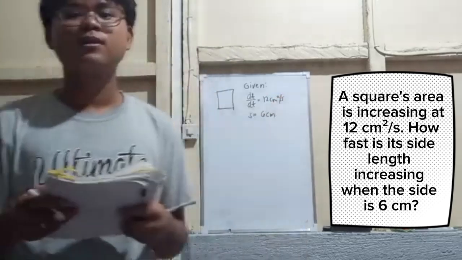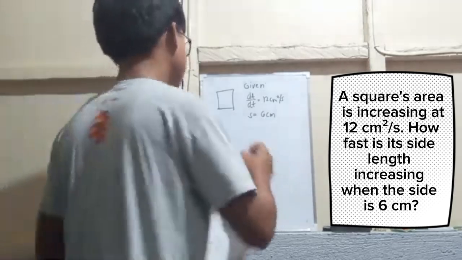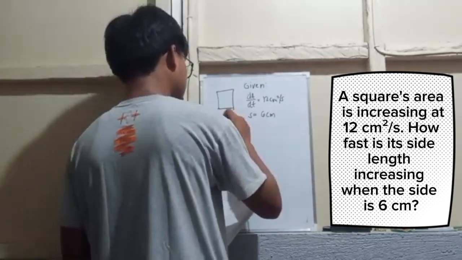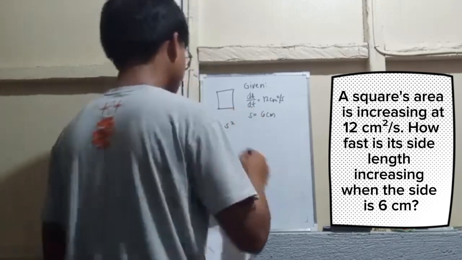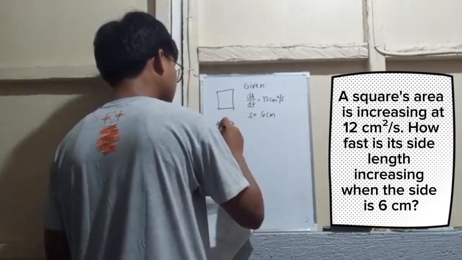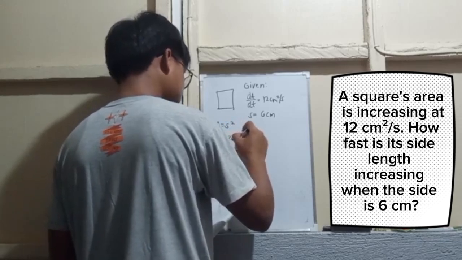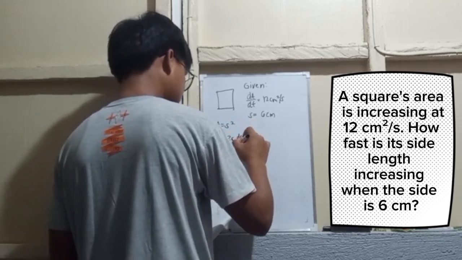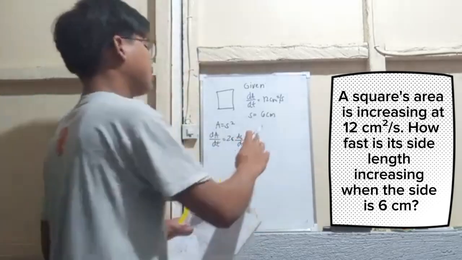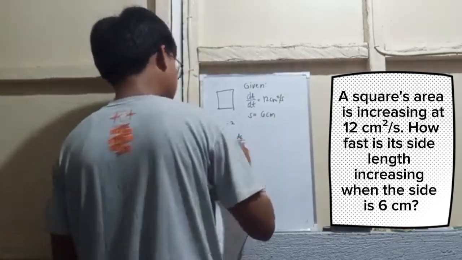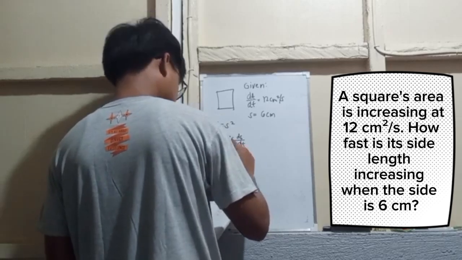So now we know that in getting the area of the square, the formula is s squared. Then we'll differentiate the formula. We will now get dA over dt equals 2s ds over dt. Then we'll substitute the given values into the formula.